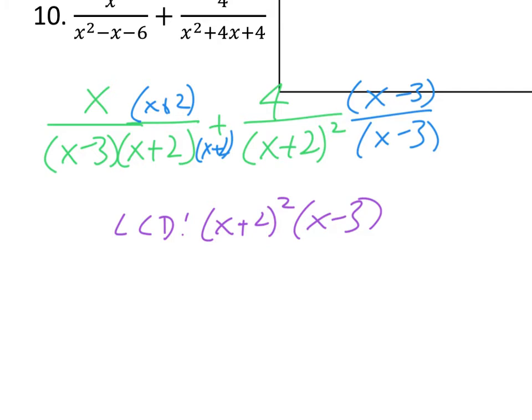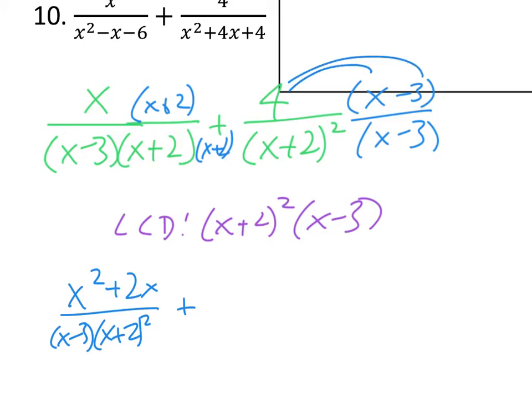On the left-hand side there we would get x squared plus 2x, and that'll be over the (x minus 3)(x plus 2) squared. And we'll add to that, and we will distribute the 4 into the (x minus 3), so we get 4x minus 12. Again, that will be over the LCD.